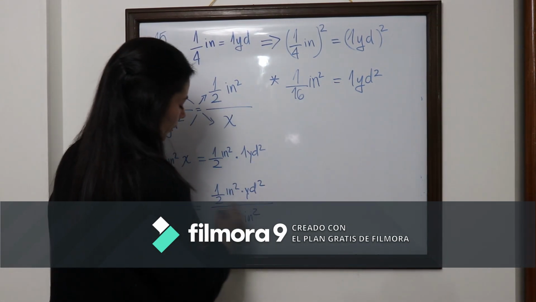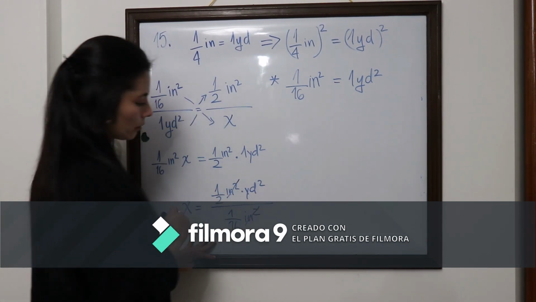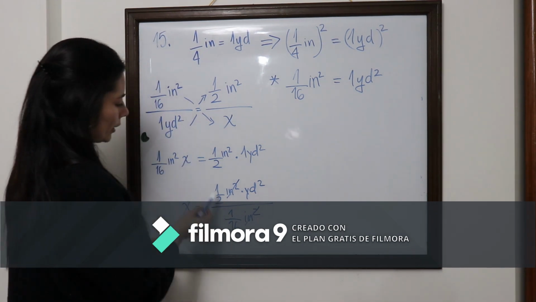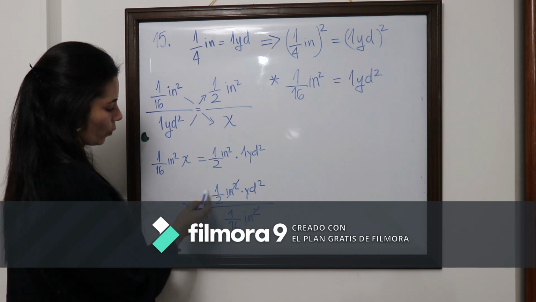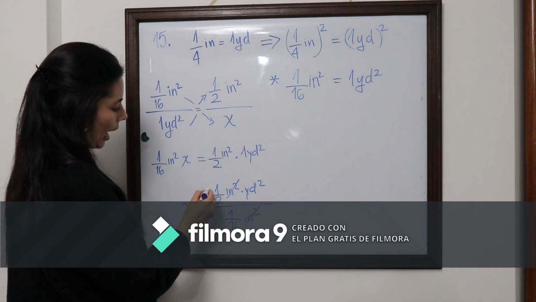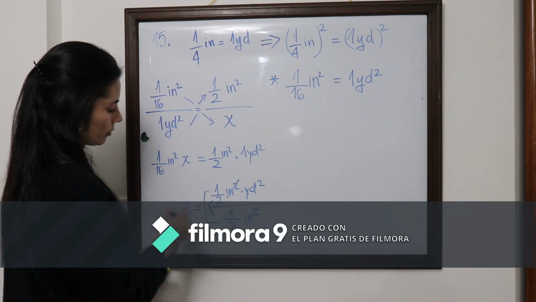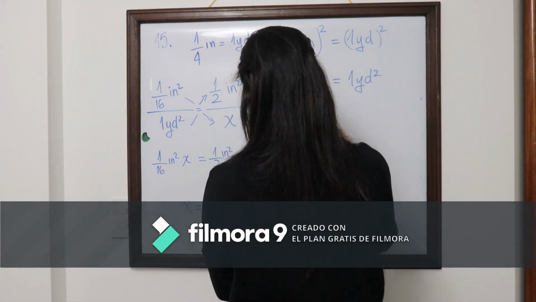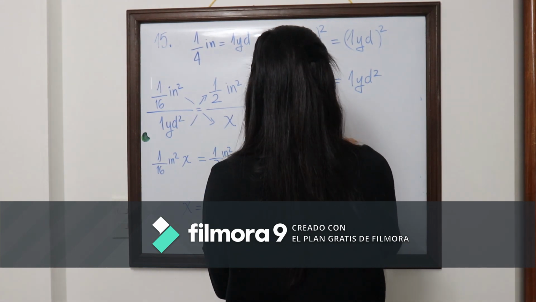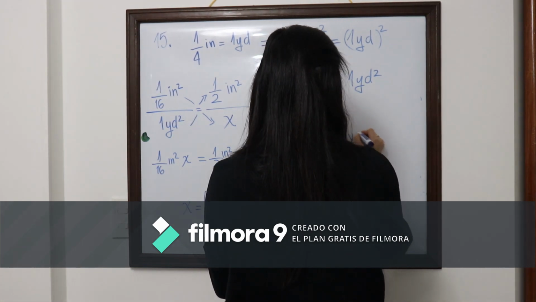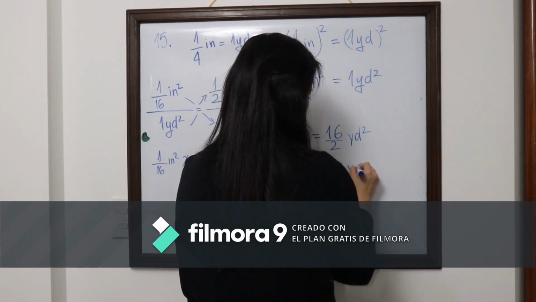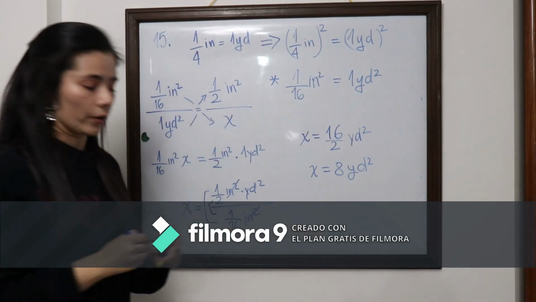So if you notice, I can actually cancel the inches, right? And if you notice, I can also divide fractions. So what that makes me do is get outers and inners, right? And so that's going to be x equal to 16 over 2 square yards. And that is going to end up as 8 square yards for the first parallelogram.